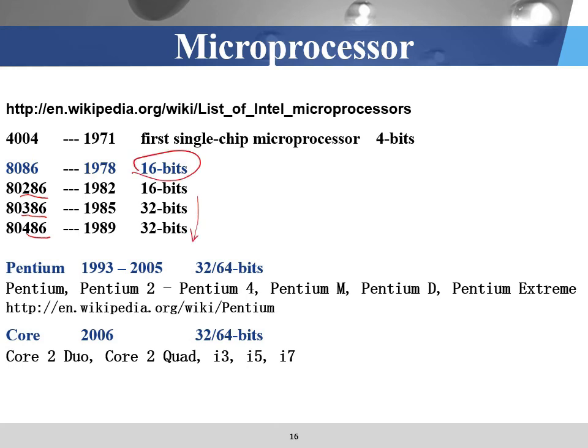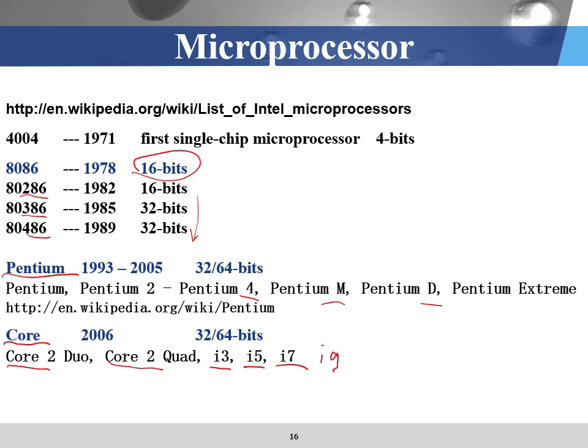And then we have the Pentium series. So we have Pentium, Pentium 2, Pentium 4, Pentium M, Pentium D, and then we have the Core series. So we have the Core 2, Core 2 Quad, Core i3, i5, and i7. And then we now have the i9.